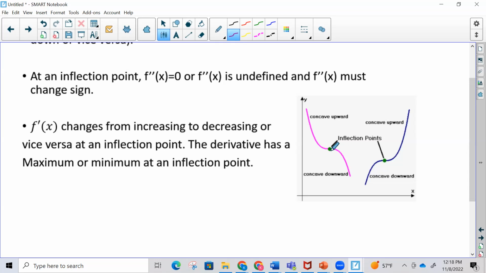Okay, so we know that at an inflection point, the derivative is the slope, and so the slope will change from increasing to decreasing at that inflection point. Okay, or vice versa. So that is where you have a maximum on that derivative.